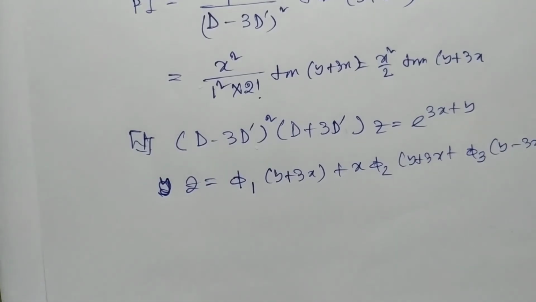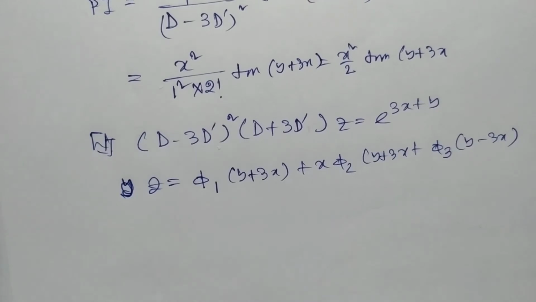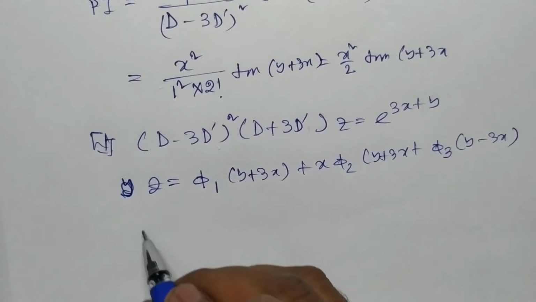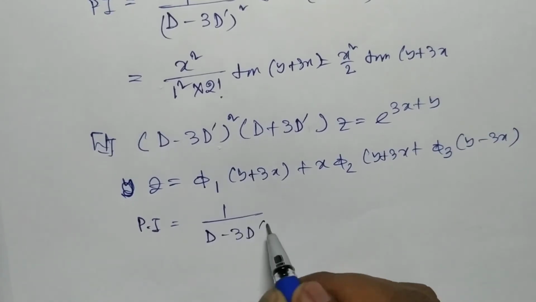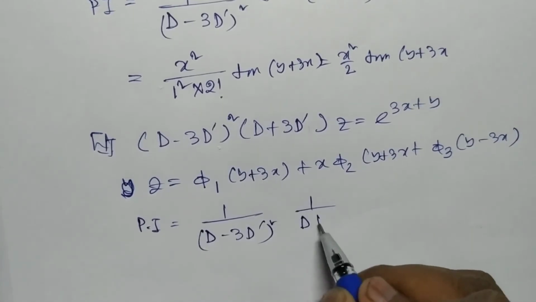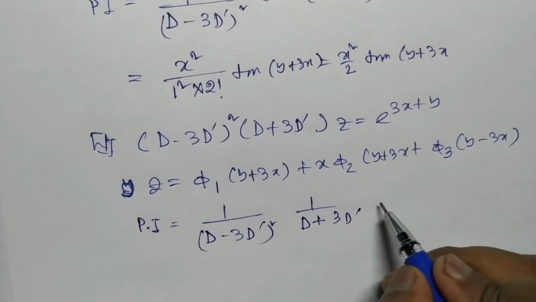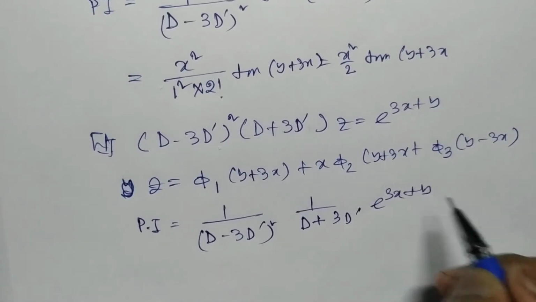Phi 1, phi 2 and phi 3 are arbitrary functions, and pi, that is d minus 3d dashed square, d plus 3d dashed, on e to the power 3x plus y.